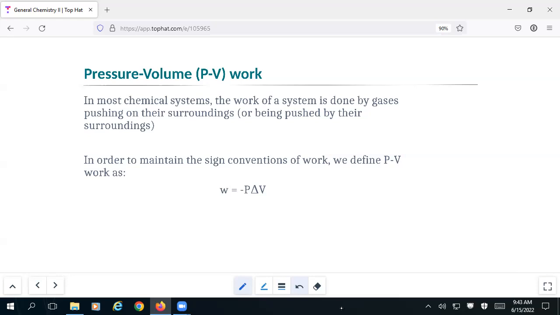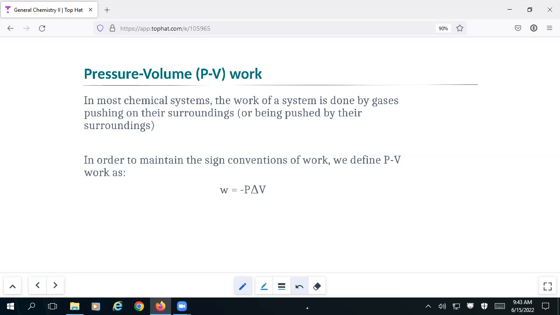Now, the previous problem made mention of something called PV work. PV work describes a phenomenon that is generally true for most reaction systems in terms of the work that they are capable of doing.